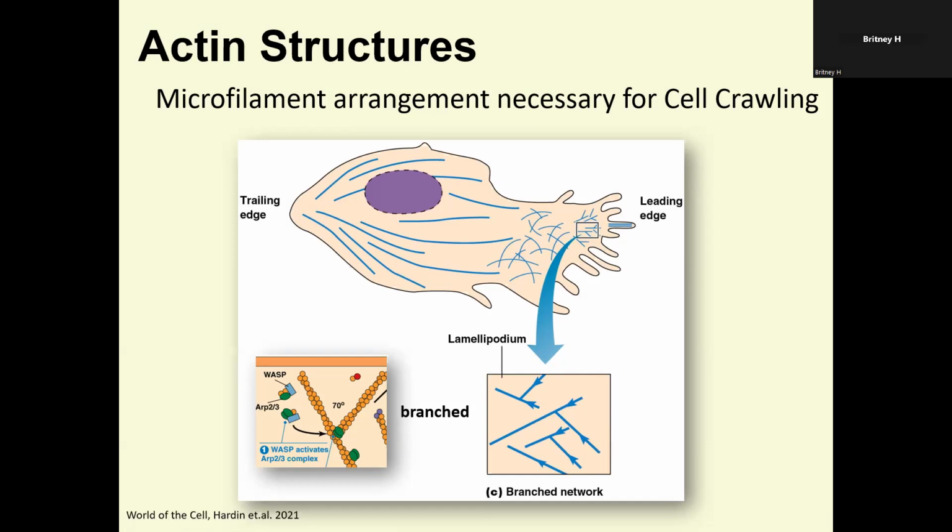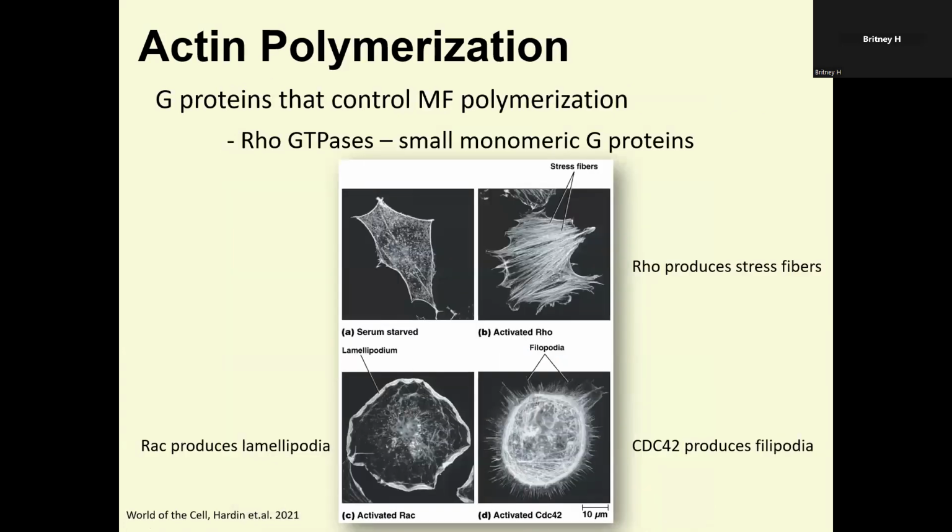So what's different about this is that branch structure. So we'll see CDC42 coming along, activating WASP, ARP coming in here, and then branching it out. So that's our lamellipodium.